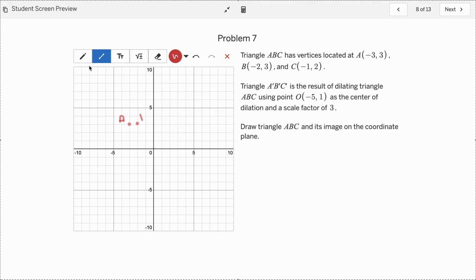Oops. This is B. And then C is -1, 2. So -1, 2. This is a super teeny tiny triangle. So let's just connect our points. I'm going to connect them a little better.